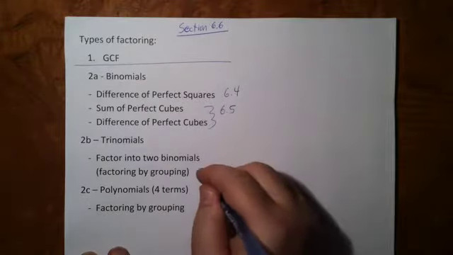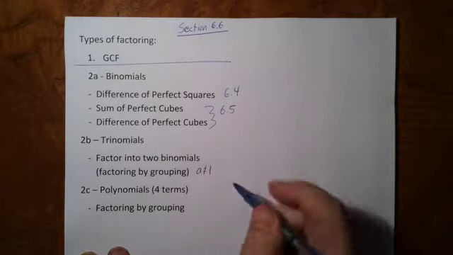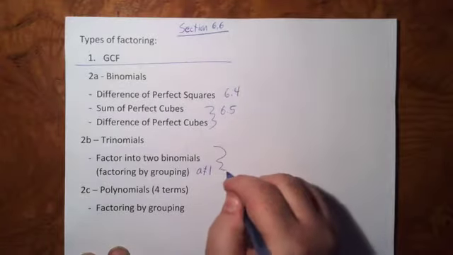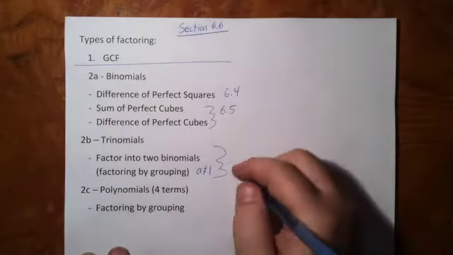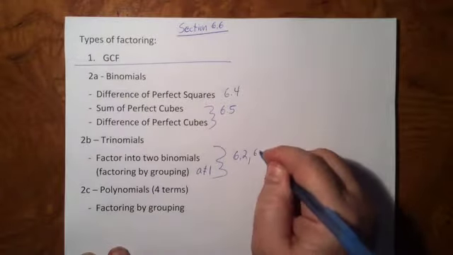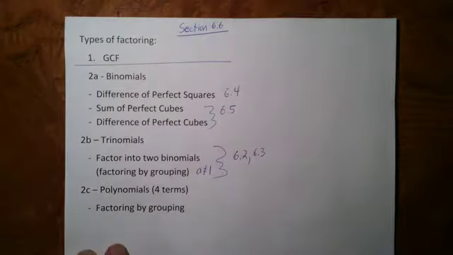When the a coefficient is not equal to 1, we have to apply the techniques of factoring by grouping within the normal process of factoring trinomials. Factoring trinomials is covered in sections 6.2 and 6.3. Please look at the videos if you have any questions on those techniques.